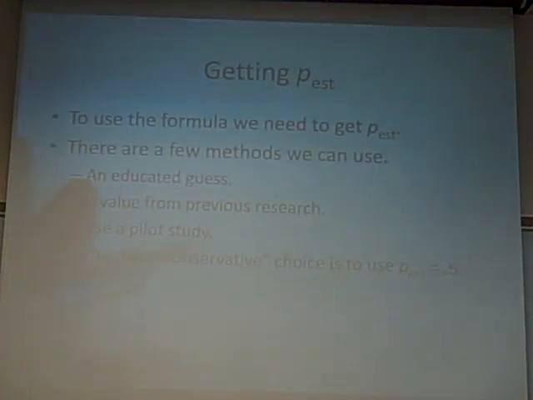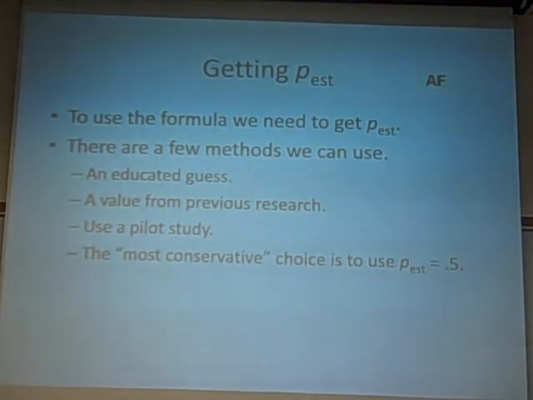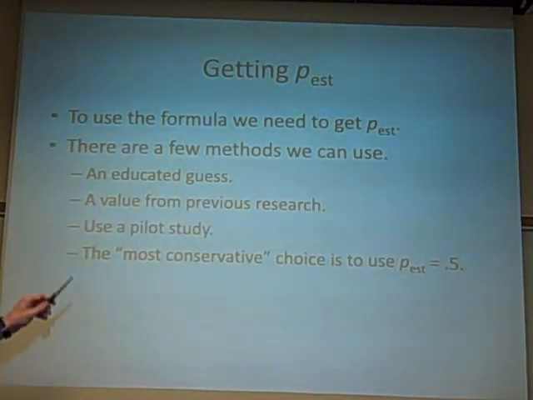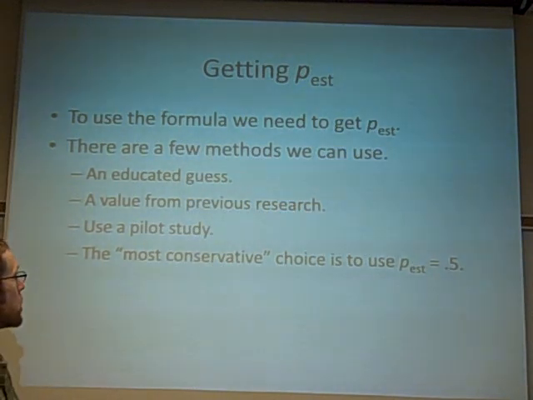So in order to get the p sub est, there's a few things we could do, and most of these are similar to what we had last time. You could use an educated guess. If for some reason you think you know what the proportion is in your group, go for it. You could look at what previous research suggests.